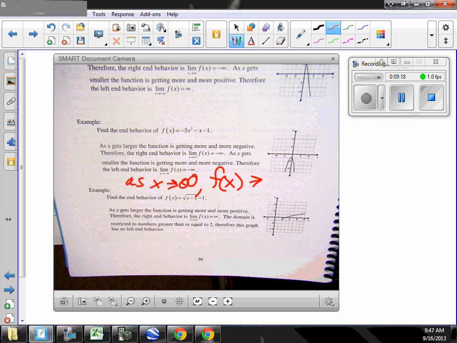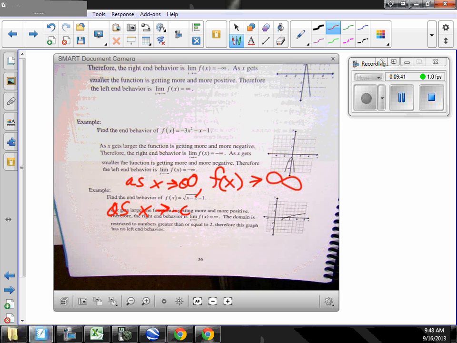So in this graph, as x gets bigger, what happens to the function? Going up or down? Up. And it's going up really slowly, but it's never going to level out in this case. So f of x approaches infinity. As x approaches negative infinity, what does f of x do?